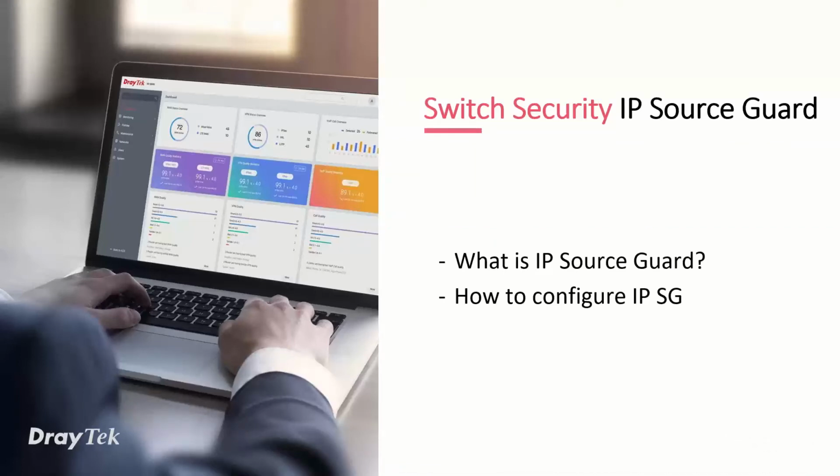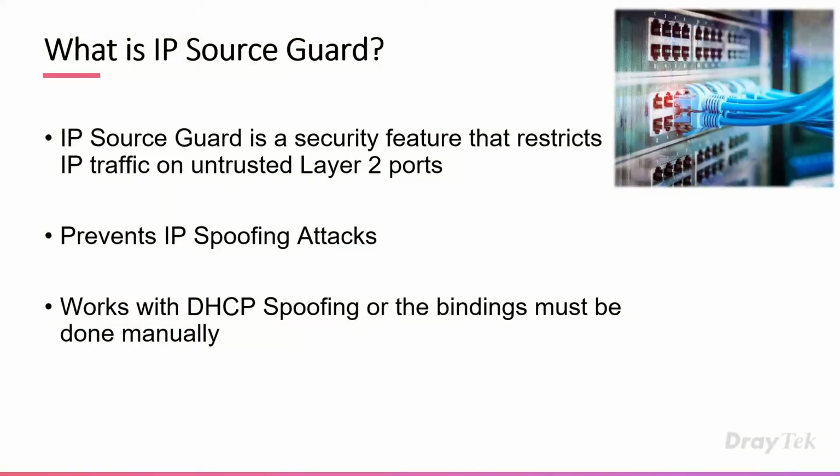And now let's move to IP source guard. IP source guard is a security feature that restricts IP traffic on untrusted layer 2 ports by filtering traffic based on the DHCP snooping binding database or manually configured IP source bindings.